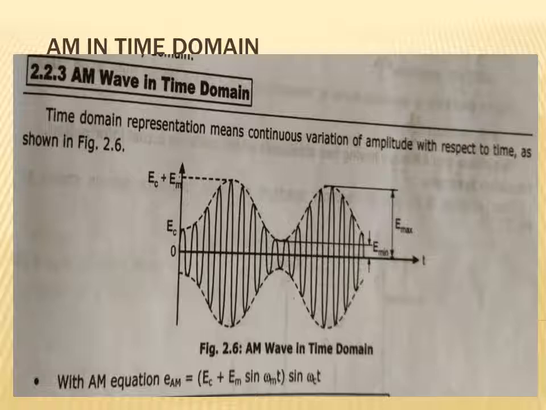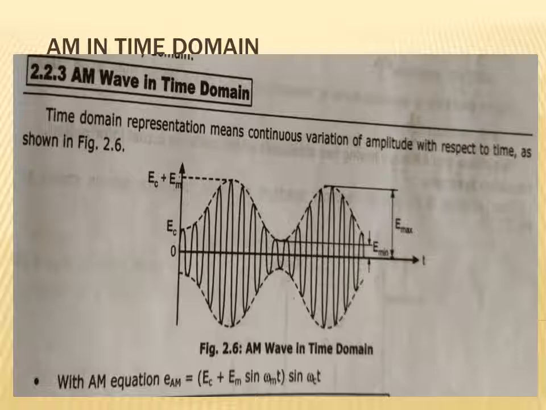So what is the time domain representation? It means there is a continuous variation of amplitude with respect to time, which is shown in the figure. The AM wave in the time domain means the amplitude modulated wave. In this amplitude modulation, the amplitude of the carrier signal varies or changes with respect to time.